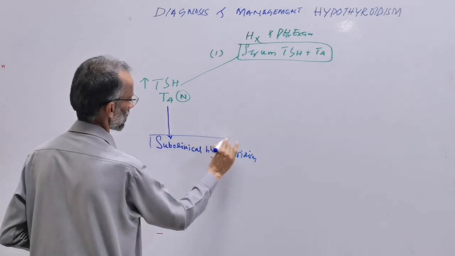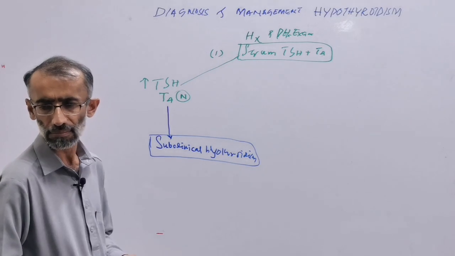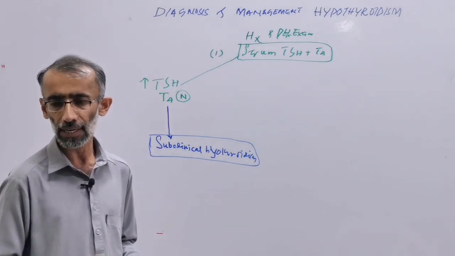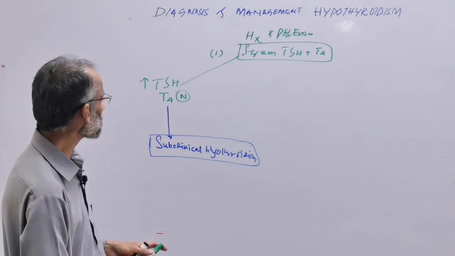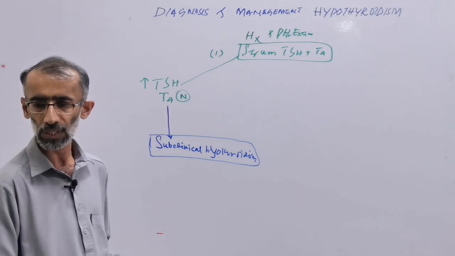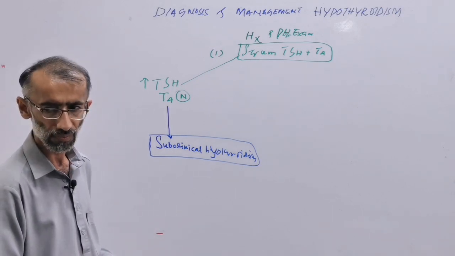Subclinical hypothyroidism is a compensatory, mild form of hypothyroidism characterized by elevated TSH and normal T4. It is more common in elderly female.